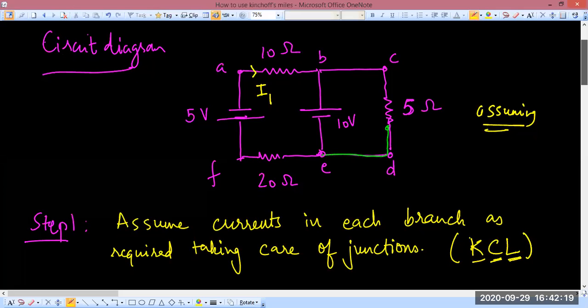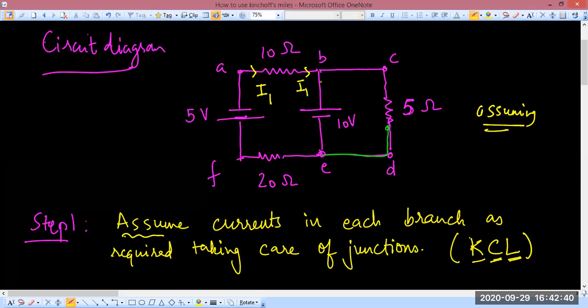So what do I mean? Suppose here I'll assume it is I1. So here I1 will come. I am sure you get that. Remember, we are assuming. I'm not saying that this is the right side, I don't know, I know nothing. I am being very honest. I let everything be done by maths.